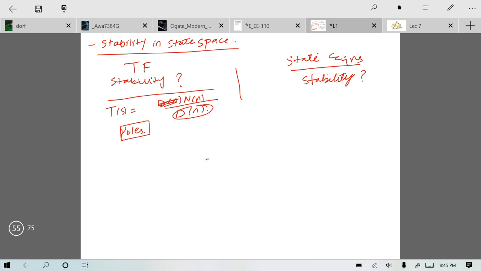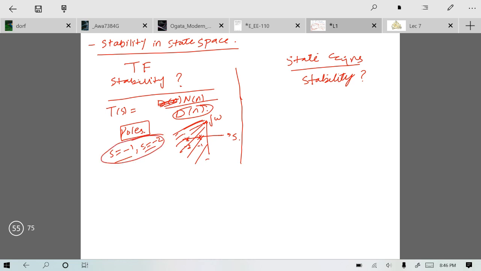So if you plot those poles, for example, if the poles are s = -1 and s = -2, and these two poles lie in the left half plane of your s domain, where this axis is j omega, then you can say that the system under discussion is a stable system.